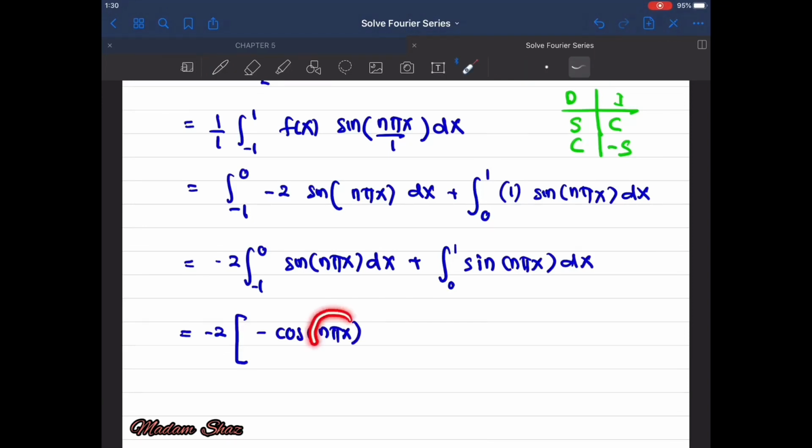The same thing, we have to differentiate the argument n pi x and then write at the bottom side n pi. Substitute the limit from -1 until 0 plus integrate sine n pi x. So integrate positive sine will become negative cos.